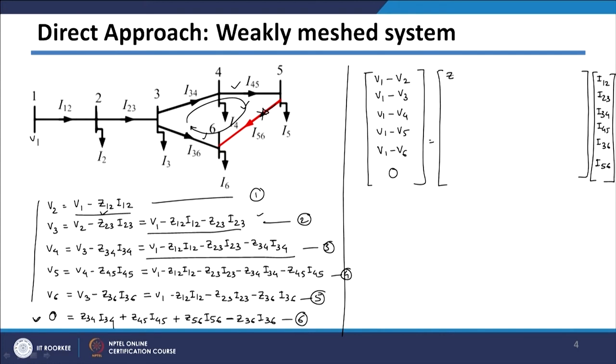If you see equation number 1, there is only one Z12 which is getting multiplied by I12. So, here only Z12 is present, and all other entries are 0. Equation number 2, there are Z12 multiplied by I12 and Z23; other entries are 0.